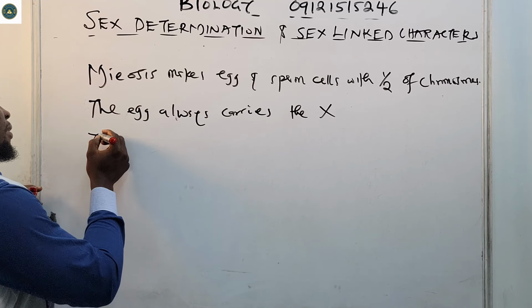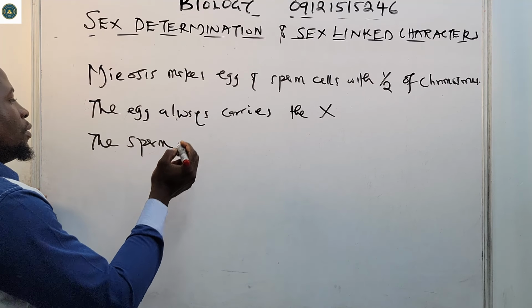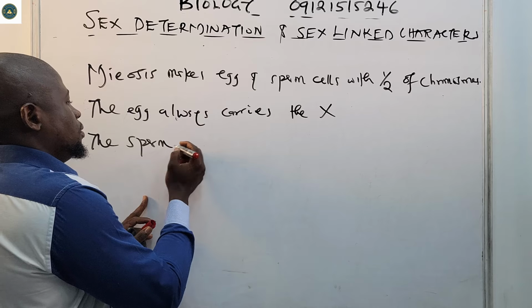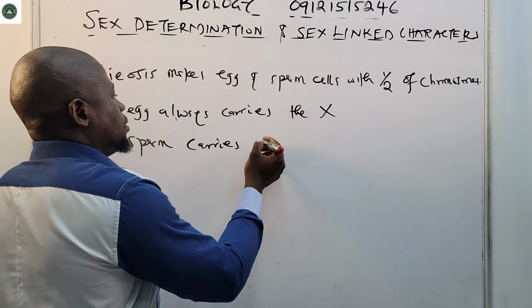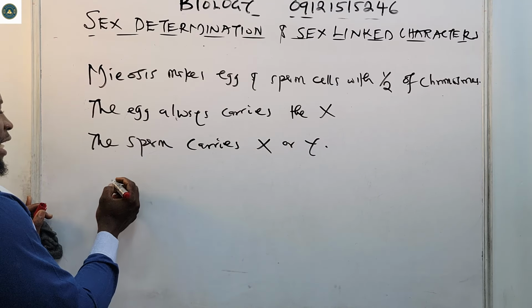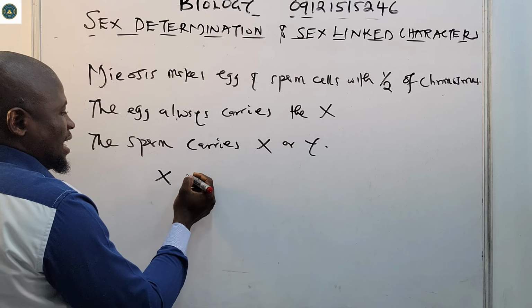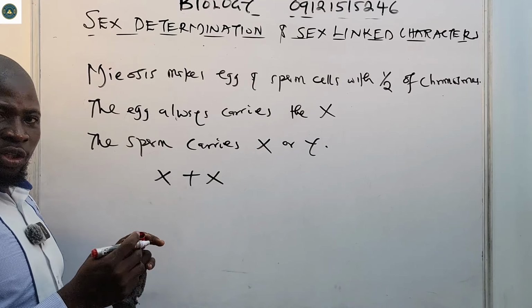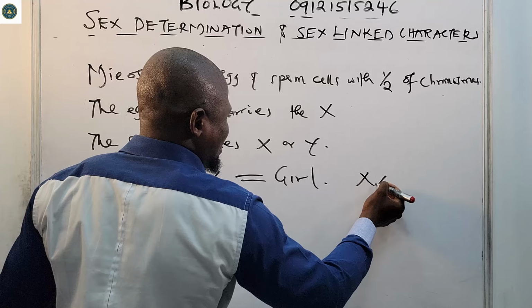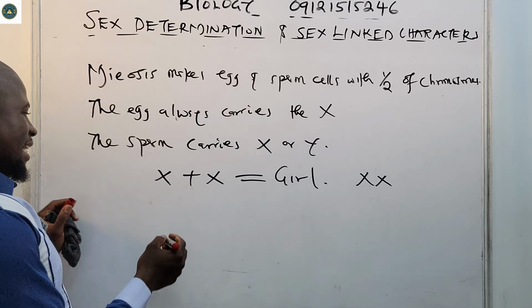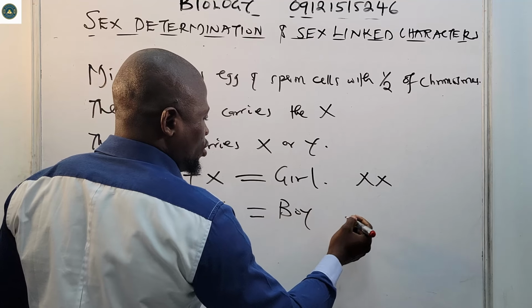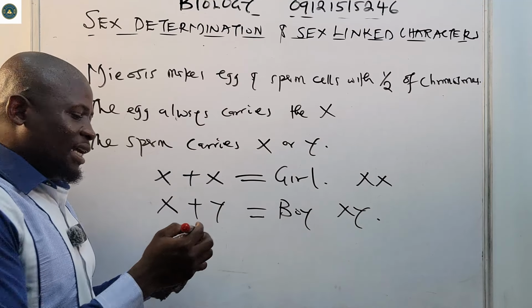While the sperm carries either the X or Y. Now during fertilization, if it's X and X that fuse together, we're going to have a girl, because we're going to have XX in that condition. Then if it is X and Y that fuse together, we're going to have a boy, or XY, in that condition.